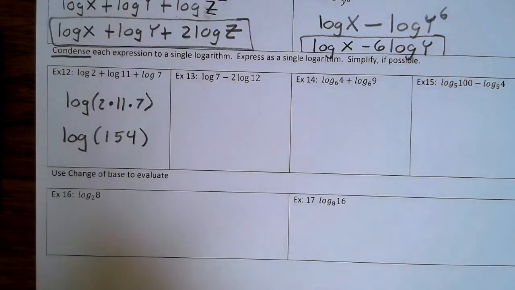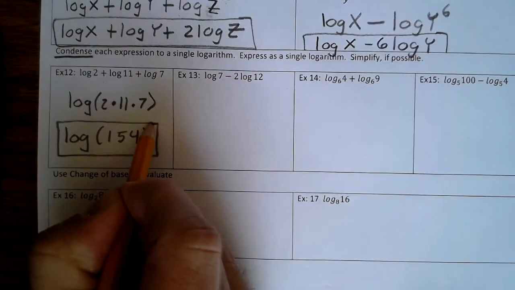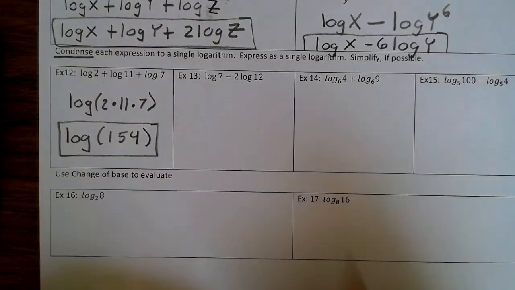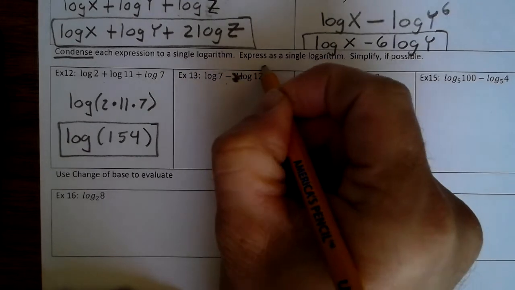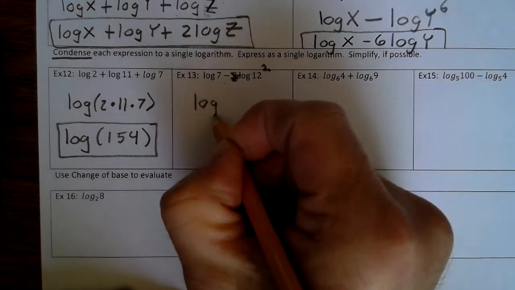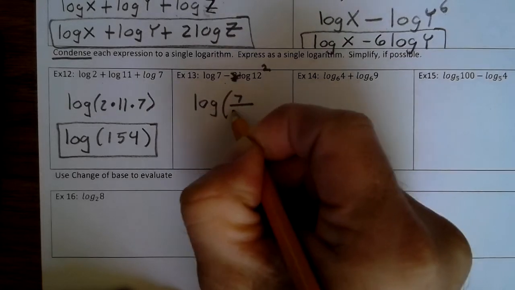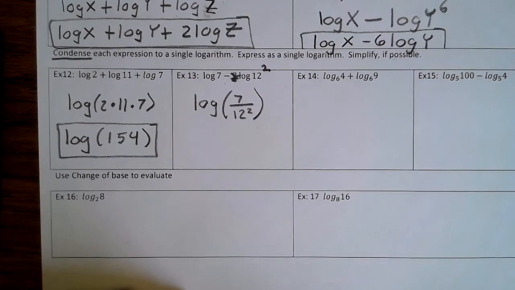Okay. Now subtraction is division, and let's go ahead and move this 2. We know it moves up to the x one. So then that's log of 7 divided by 12 squared, which 12 squared is 144. So this is log of 7 divided by 144.